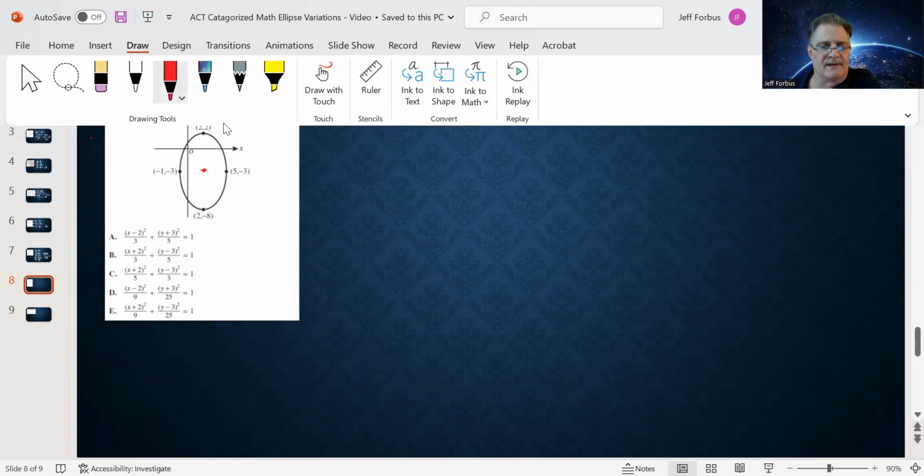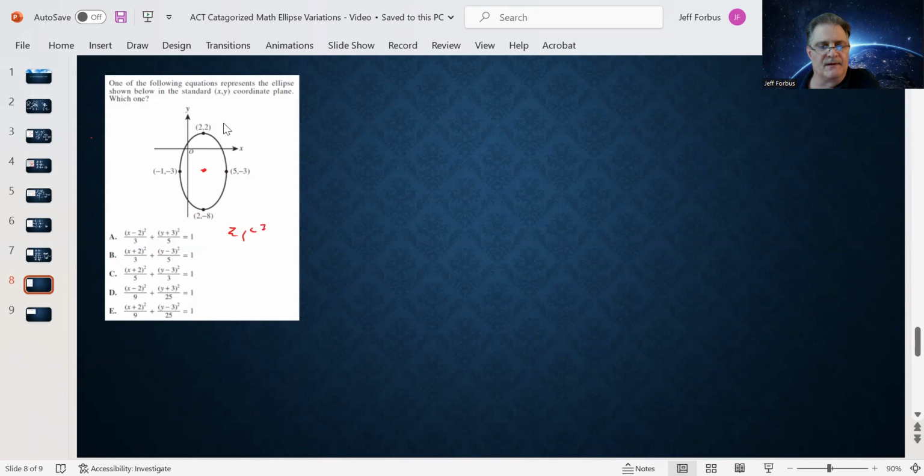So the center is going to be at 2, -3. Okay, so we know where that is. And notice our y value at the bottom of the ellipse is going to -8. So we're at -3, and we need to get to -8. So from there to there is going to be 5 units, right?